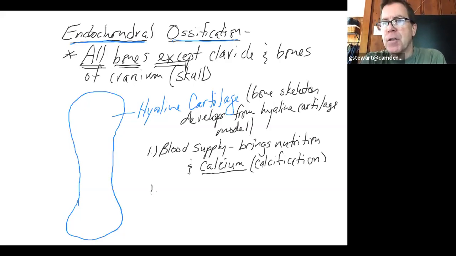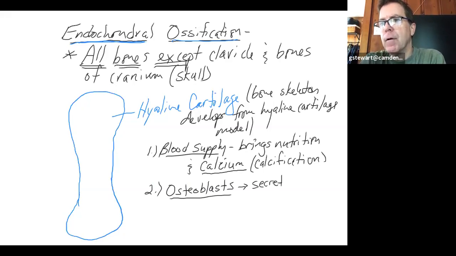And we need osteoblasts in the area. Because remember, osteoblasts, those immature bone cells, they secrete that gooey stuff, that organic material called osteoid, that you can just say mixes with calcium.